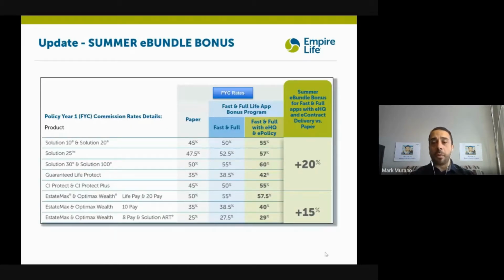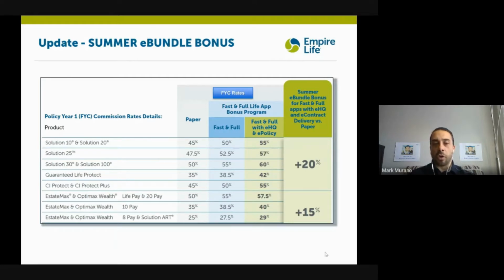And of course, the summer e-bundle bonus. Empire came up with this term e-bundle. What that means is bundling the EHQ and e-policy delivery, so the electronic health questionnaire and electronic delivery. The money that we save as a company is passed along to the advisor in the form of extra commissions and a bonus for the summer.